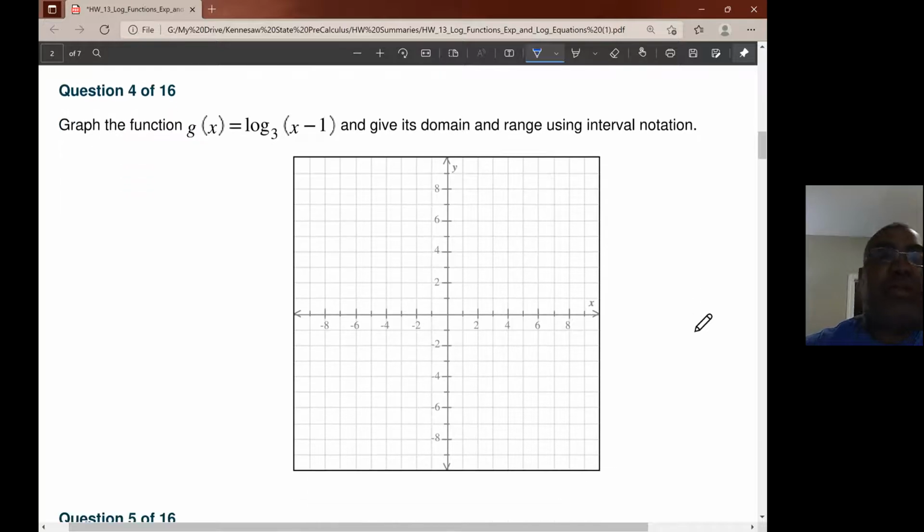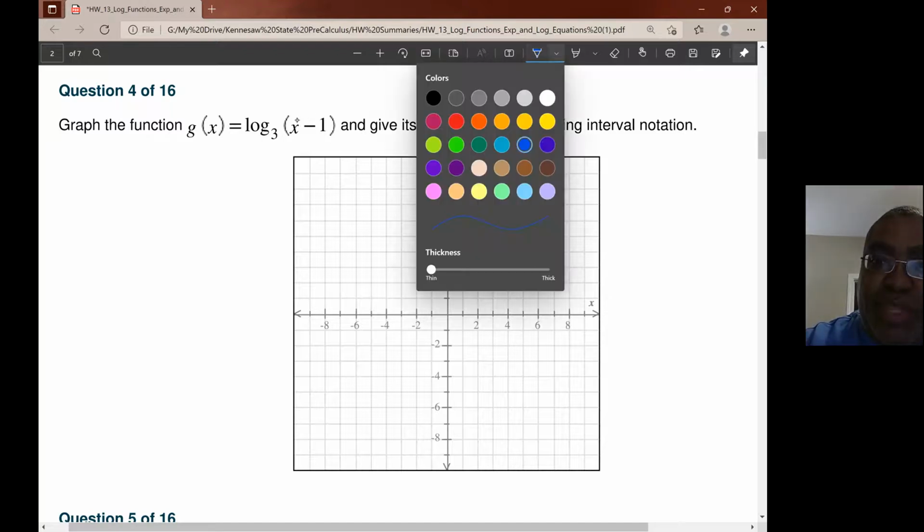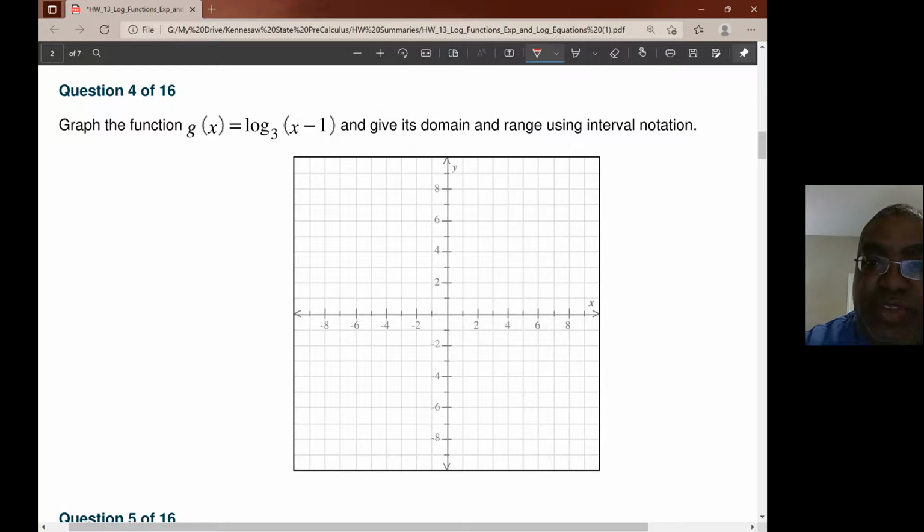But let's continue on. Graph the function and give its domain and range using interval notation. We know you cannot take the log of 0. So if I put 1 in here, it becomes 0. So the line x = 1 is an asymptote. I put that in there just so you can see it.